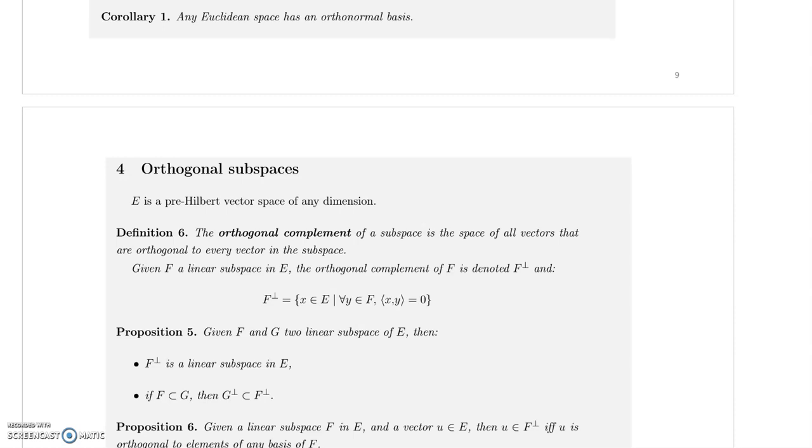We now know what an inner product, a scalar product, is and how to use it. In particular, from the previous corollary, in any Euclidean space we can get an orthonormal basis.